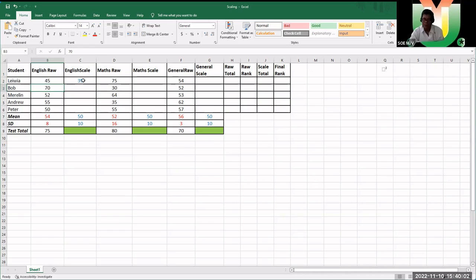So I think 39 here is the lowest score, and all the others here should be higher than 39. But that is the scale score for Lewis. Now we'll apply the same formula for Pope, Marilyn, Andrew, and Peter.